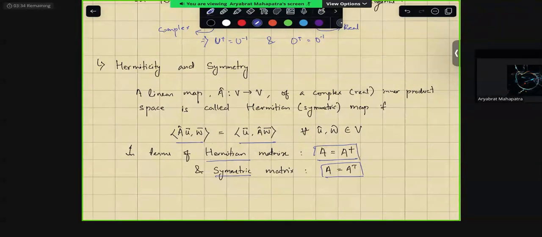So A dagger is, when you have an operator A, that is your matrix A, you take the transpose of every element of the matrix A, and consequently take the conjugate of that resulting matrix, A star.